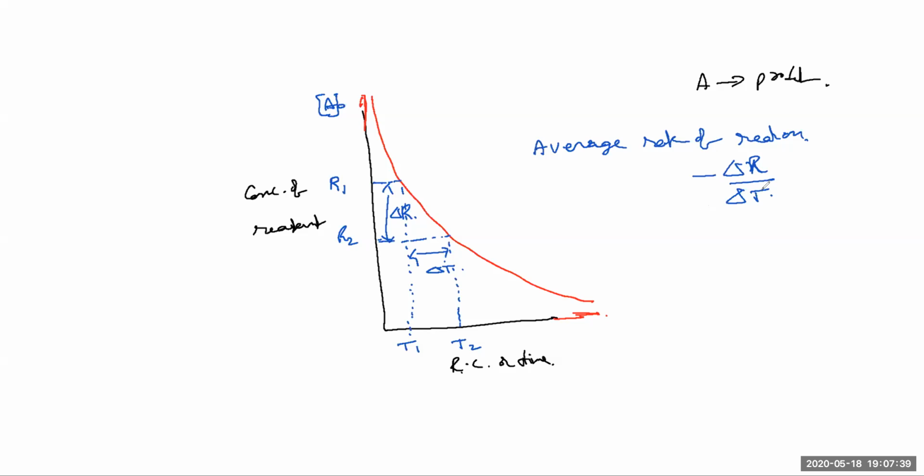Minus delta R by delta T is the average rate of reaction, which equals R2 minus R1 over T2 minus T1, higher minus lower. This is the average rate of reaction. Understood?